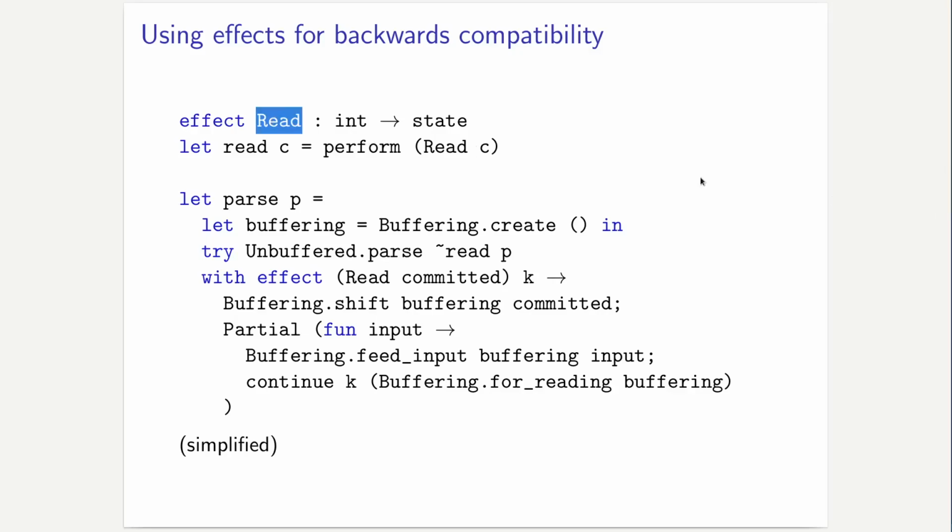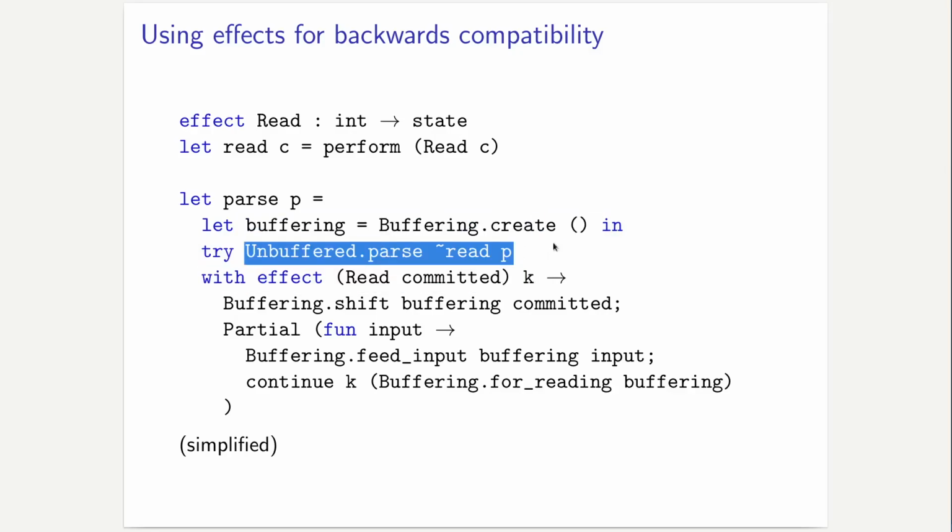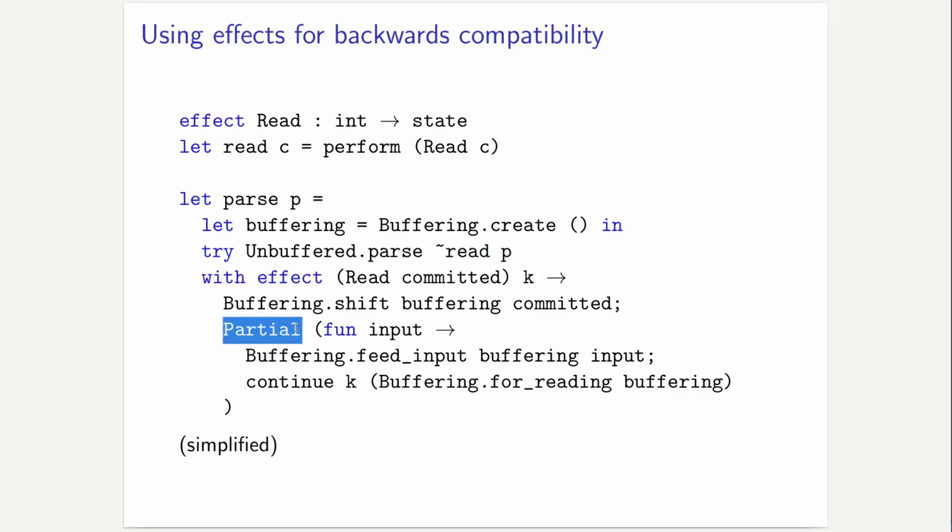I define a read effect to be called when Angstrom needs more data, and then in the parser itself, we create the buffer as before. We call the effects-based parser, passing in our read function that performs the effect. And when Angstrom needs more data, our effect handler is called. And that returns the old partial object to the application code the same as before.